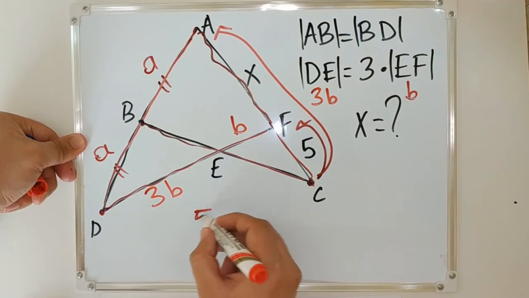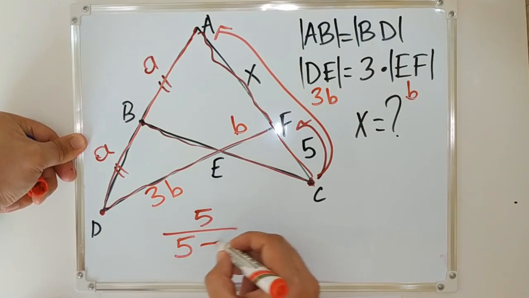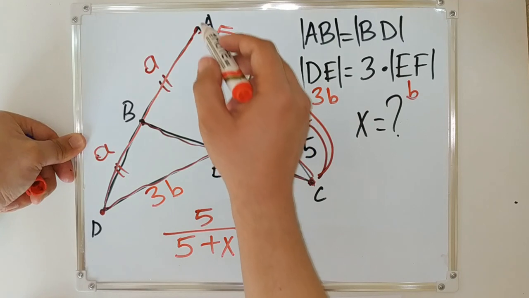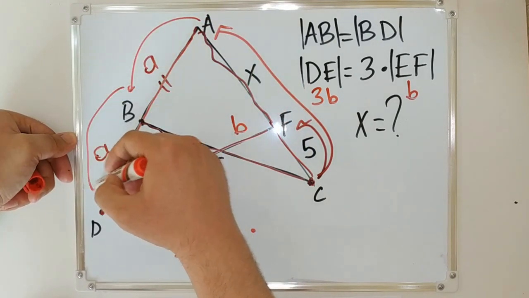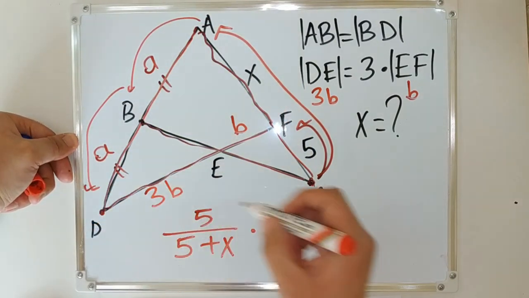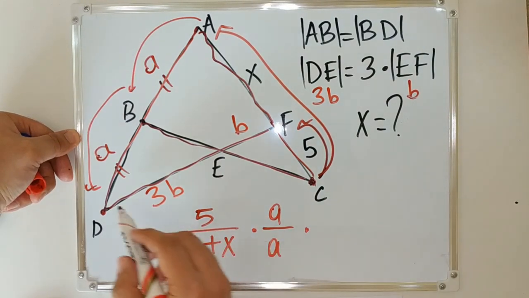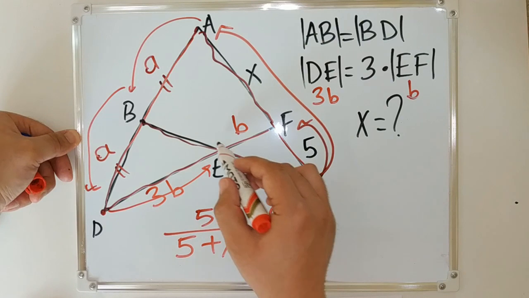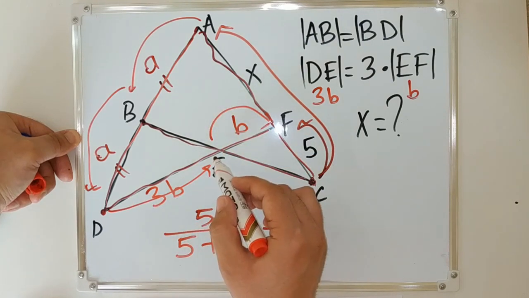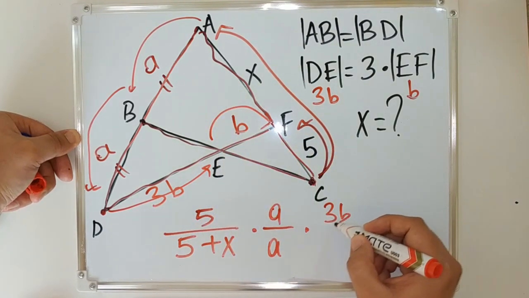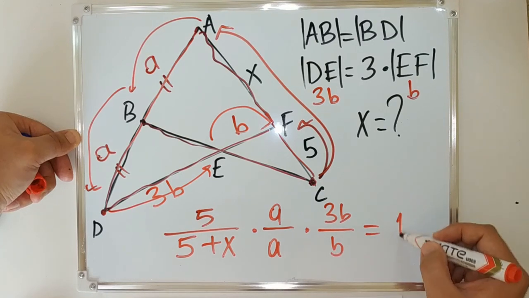Let me write that here. 5 over 5 plus x times a over a, because they have the same length, times DE over EF, which is 3b over b. 3b over b is equal to 1.